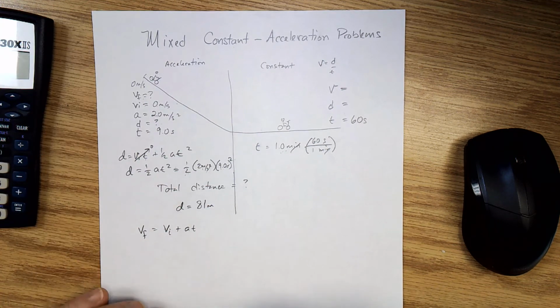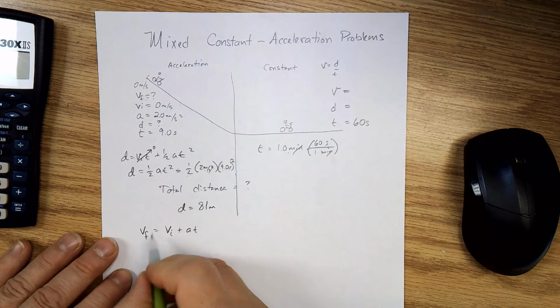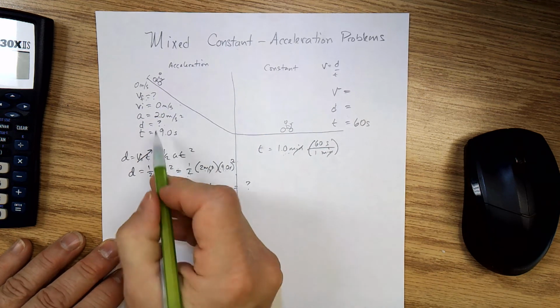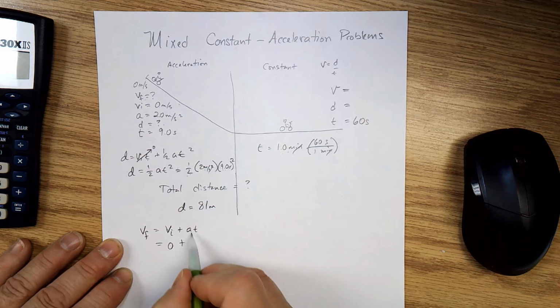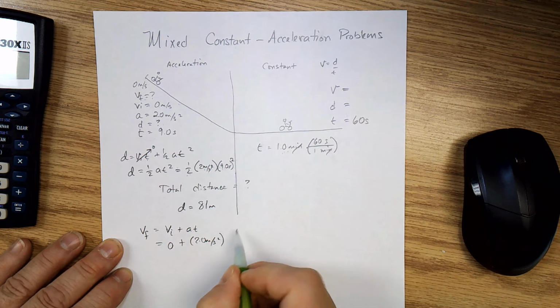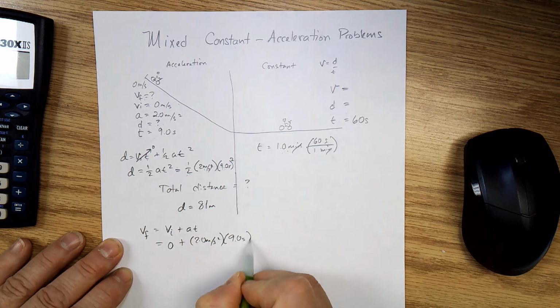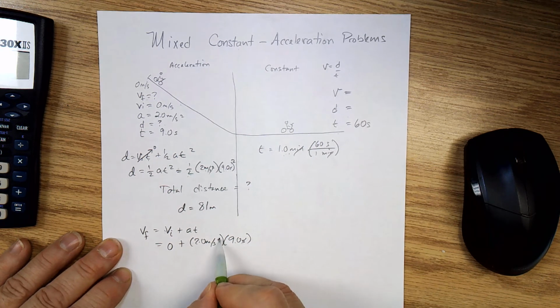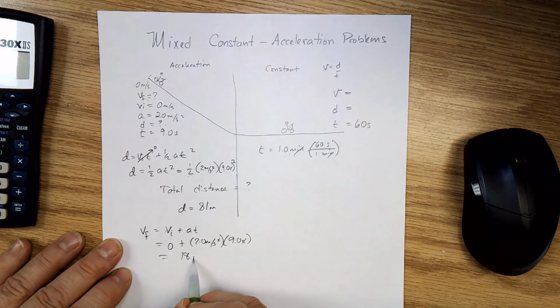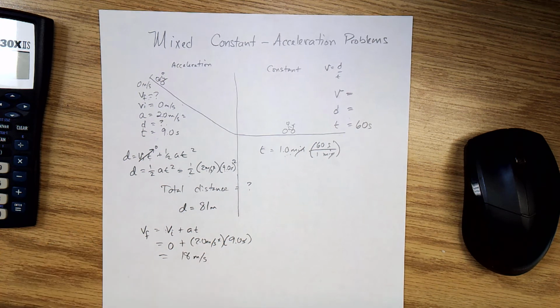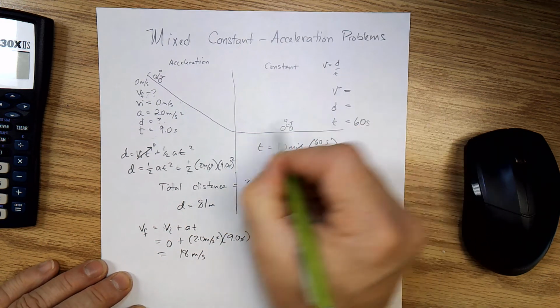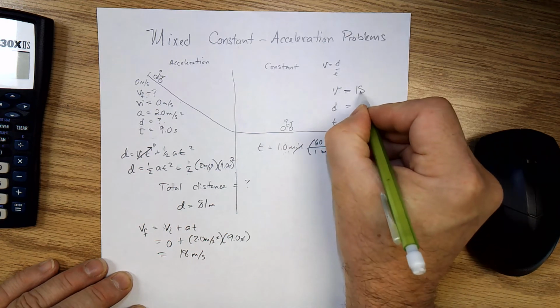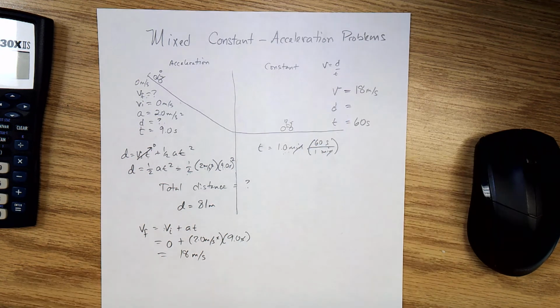So VF equals 0, because that's the speed it starts off with, plus the acceleration, 2 meters per second squared, times 9 seconds. Seconds cancel out, and I get meters per second. The speed will be 18 meters per second. So the speed when it's coasting is 18 meters per second.